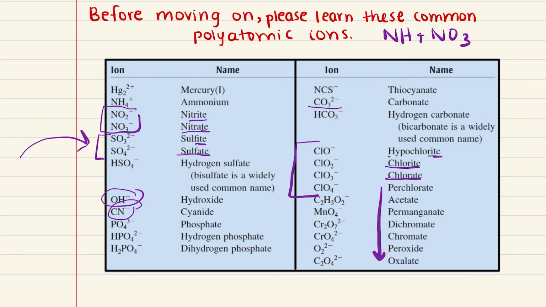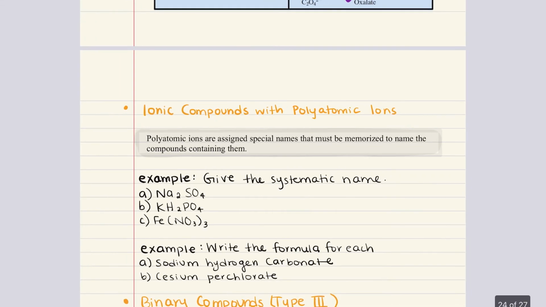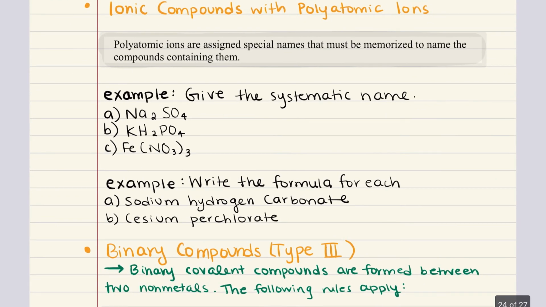Okay, with that out of the way, the best way to learn our polyatomic ions is to do problems. So that's exactly what we're jumping into next. The first example asks us to give the systematic name. A is Na2SO4. Now, our cation is sodium, and we keep it as such. We don't change that.